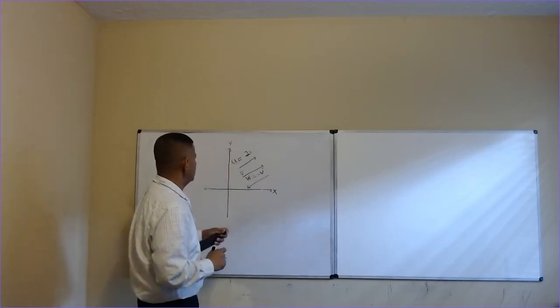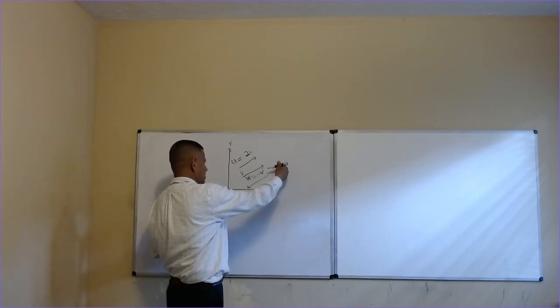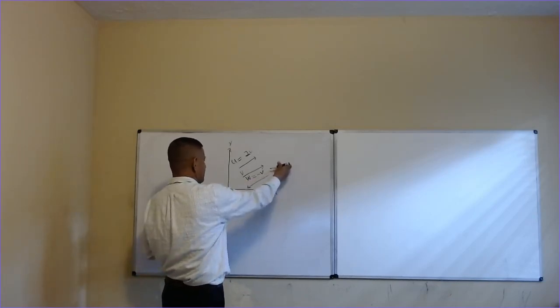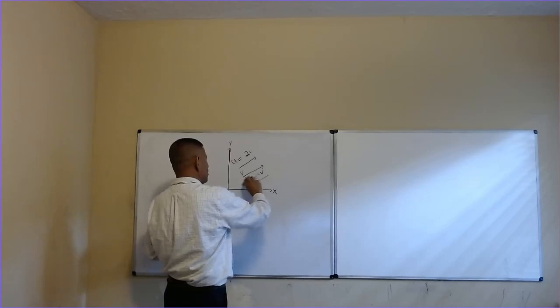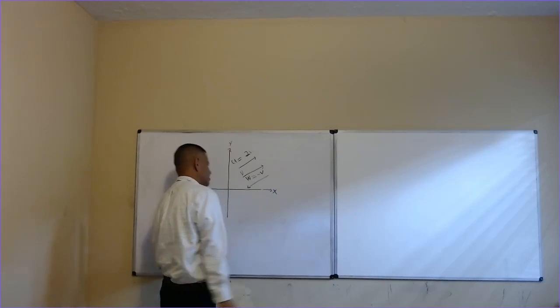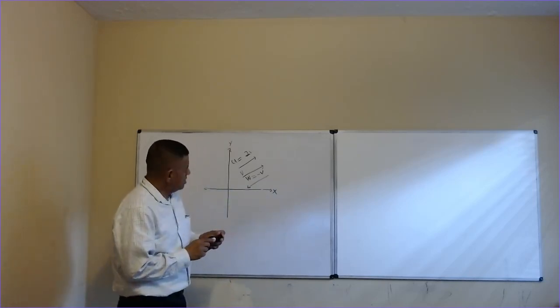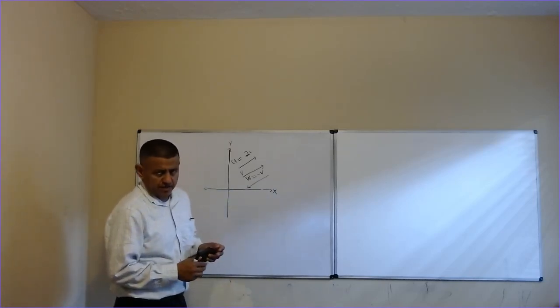Vector v is being reversed now. w is going in the direction of negative vector v, and is coming in this direction. Now, that is two-dimensional.